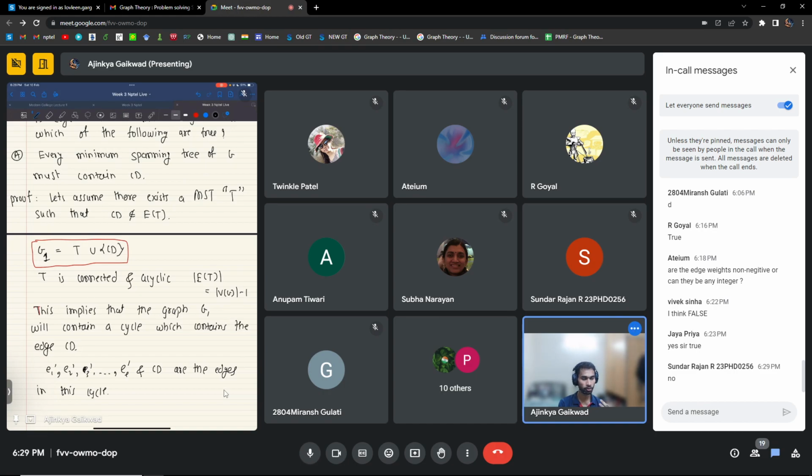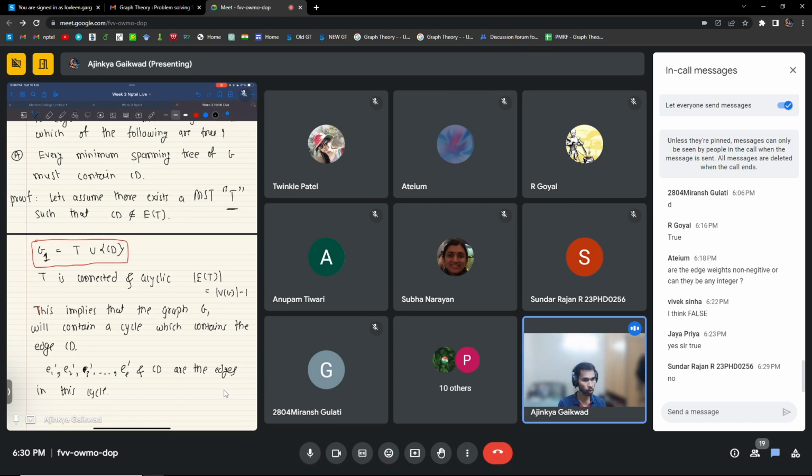What do I mean by proof by contradiction? You assume something which is not true. So let's assume there exists a minimum spanning tree T such that CD is not there. Assuming this, I have to prove that this leads to a contradiction, so I'm trying to construct the contradiction.